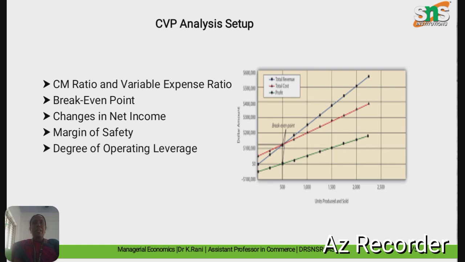We can apply the appropriate what-if formula below. Number of units equals fixed cost plus target profit by CM ratio. Therefore, to earn at least 1 lakh net income, the company must sell at least 22,666 units.